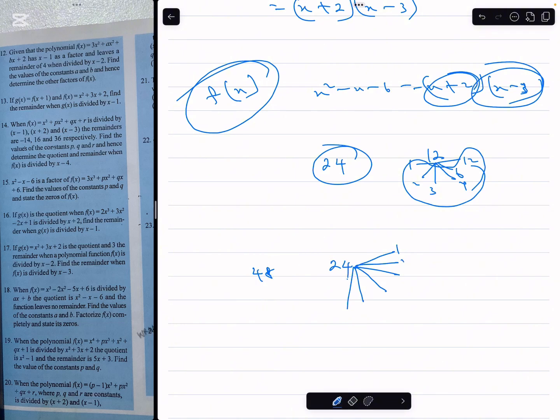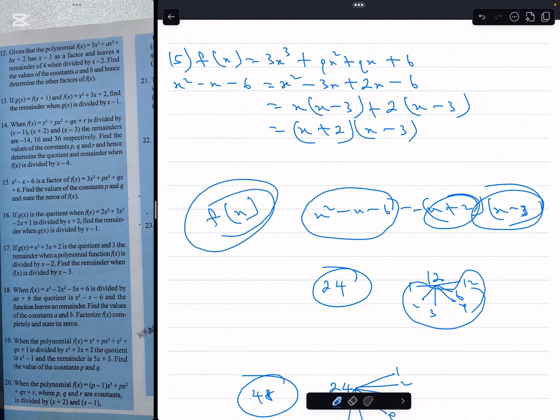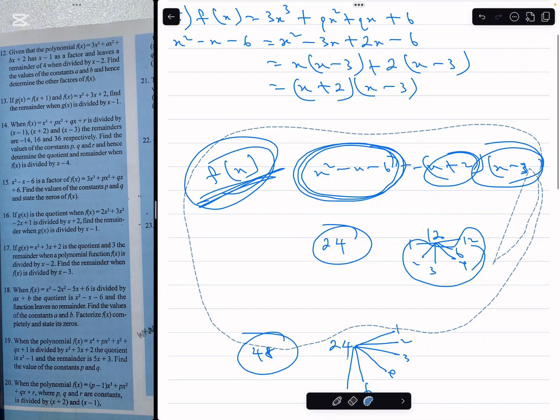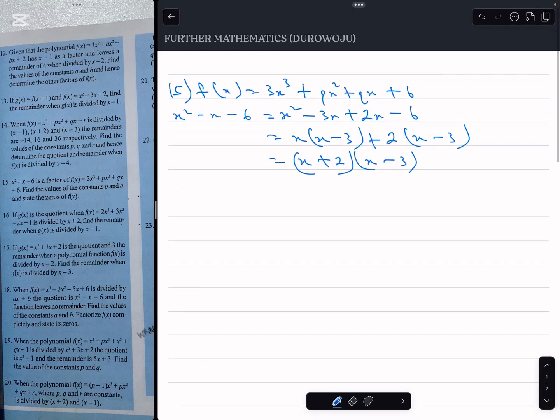And what are the factors of 24? 1, 2, 3, 4, 6, 12, and the 24 itself. All of them will also be factors of 48. So if x squared minus x minus 6 is a factor of f of x, all of its factors are also factors of f of x. So that's it. You factorize so that you can get more factors for f of x. And you don't need to write that as a note.